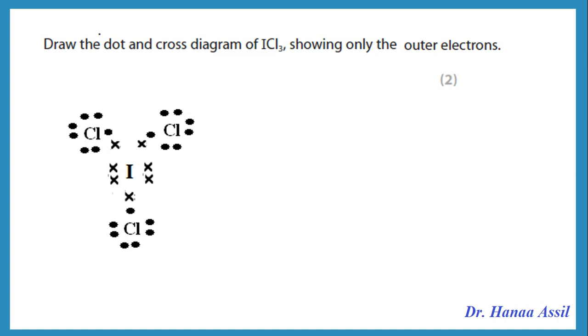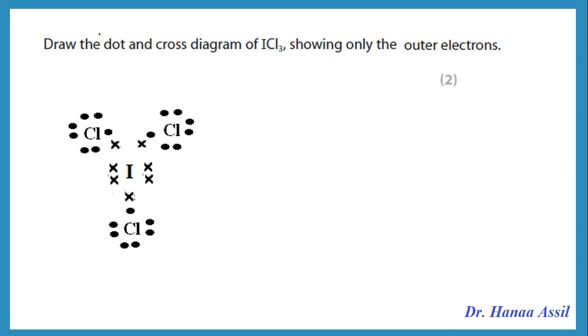If you see iodine, it has 7 of its own. If we're going to share one pair of electrons with 3 chlorines, that means that now the iodine has 3 shared electrons with the chlorine, and it still has the rest of its 7, so it still has 4 more electrons somewhere around it. And that means iodine actually now has a total of how many electrons?